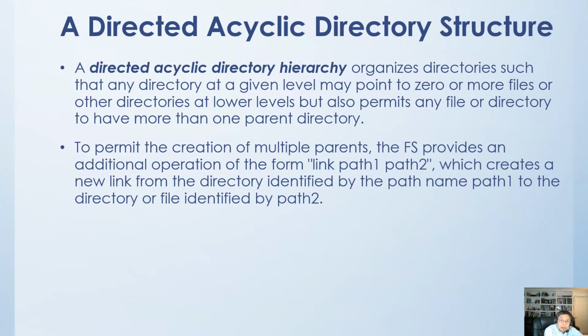Now, we talked about the tree structure directory hierarchy and all the operations associated with it. Now, the main drawback of a tree structure directory hierarchy is that file sharing is asymmetric.